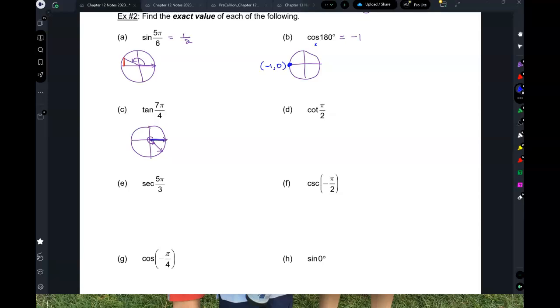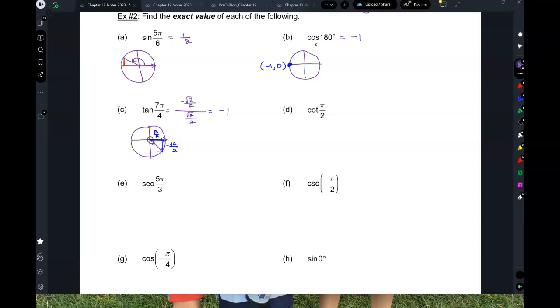Root 2 over 2? Negative root 2 over 2, right? Because I go to the right and down. Positive, negative. Now, tangent is opposite over adjacent. It's y over x. So negative root 2 over 2 over positive root 2 over 2. If you have the same thing divided by the same thing, it's just 1. In this case, it's just negative 1.